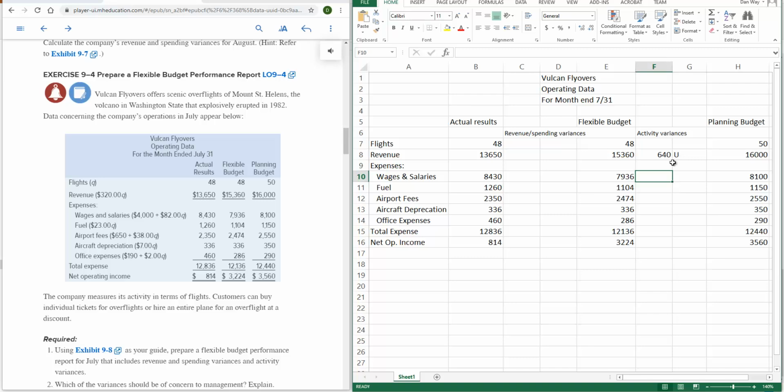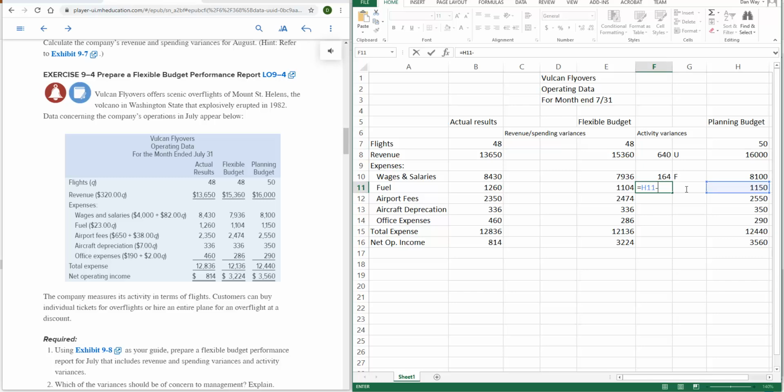Similar idea here for all of our expenses. So I'll use the cell references this time. Planning budget minus flex budget, the difference of 164. That expense is lower than the planning budget, so we'd say it's favorable, but again, it's stemming entirely from the fact that we had lower activity than we expected.